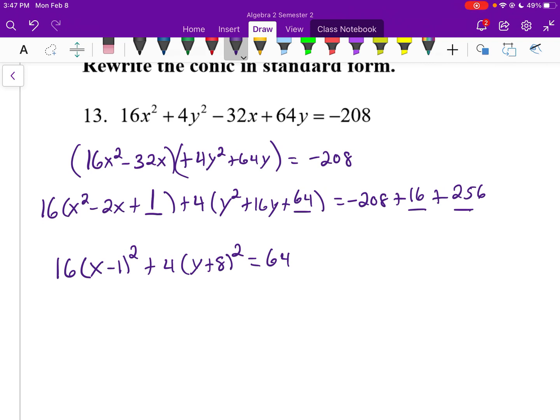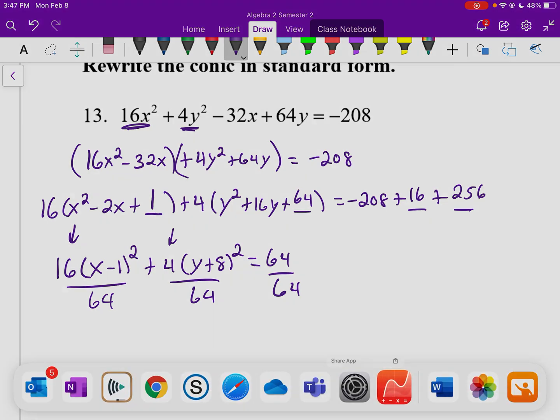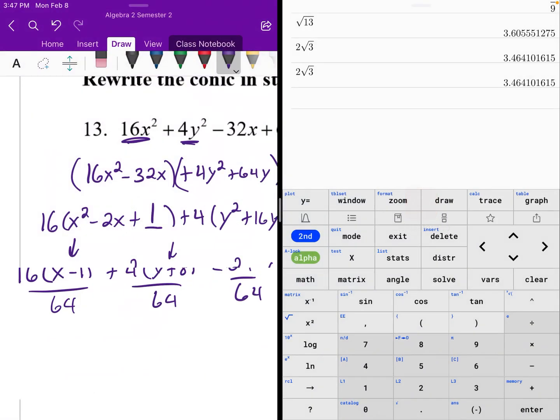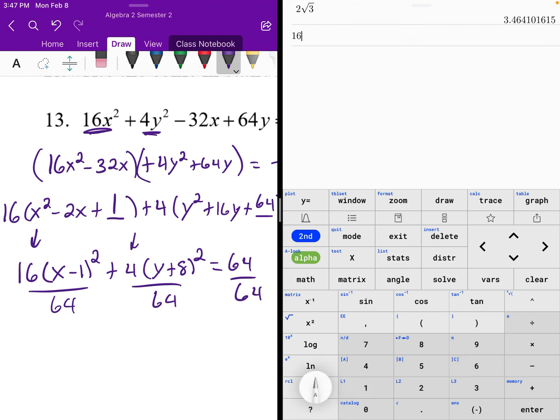And again, if you remember, 16x squared, 4y squared, this is an ellipse. For an ellipse, we need it to be set equal to 1, so we're going to divide by 64. If you cannot see that those simplify, because in standard form we need these to be 1, and you can't do that in your head, you're going to do 16 divided by 64, hit enter, Math, enter, enter.